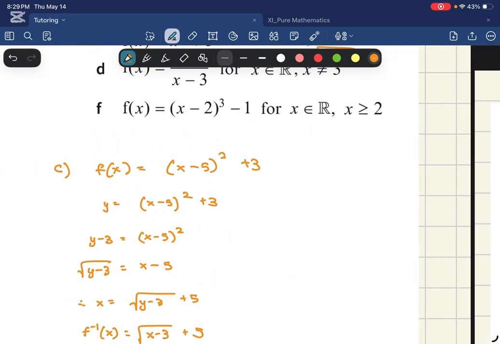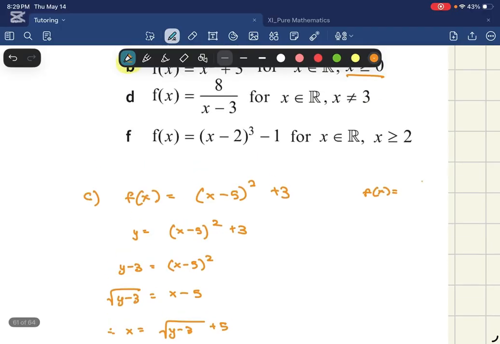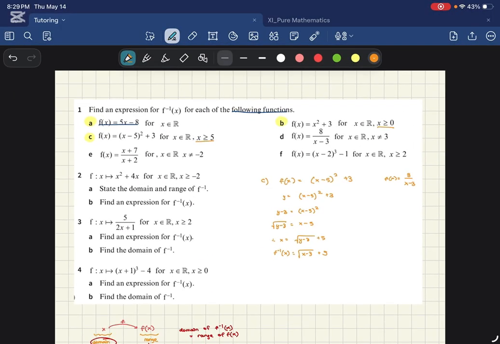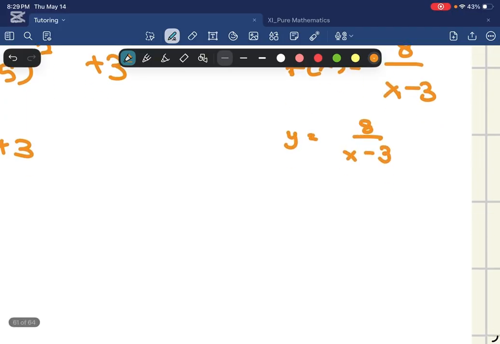For D, I have f of x is equal to 8 over (x minus 3). So we'll not care about the domain and range. If the question asks us to care, then we will need to care. But for now, the question doesn't. We just need to find the expression, right? So y is equal to 8 over (x minus 3).